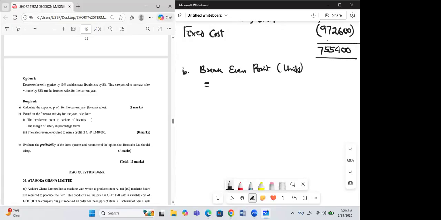The fixed cost is 972,600, over the contribution per unit of 2.4.